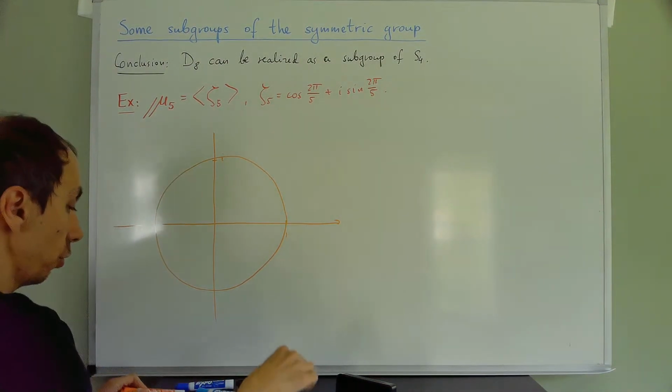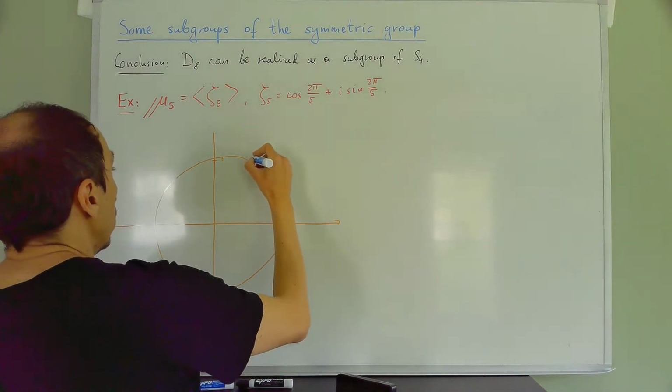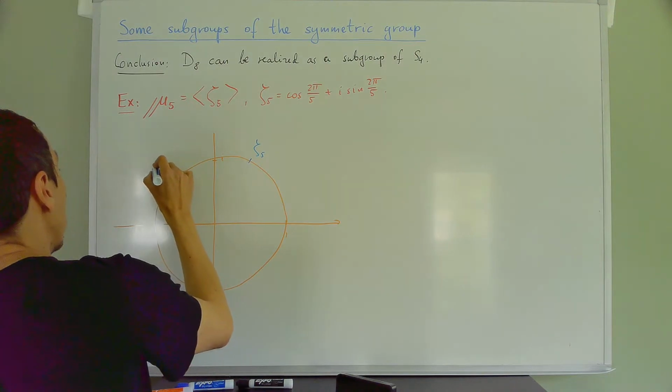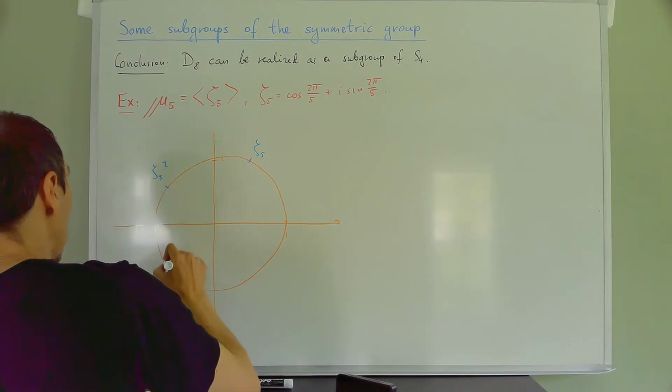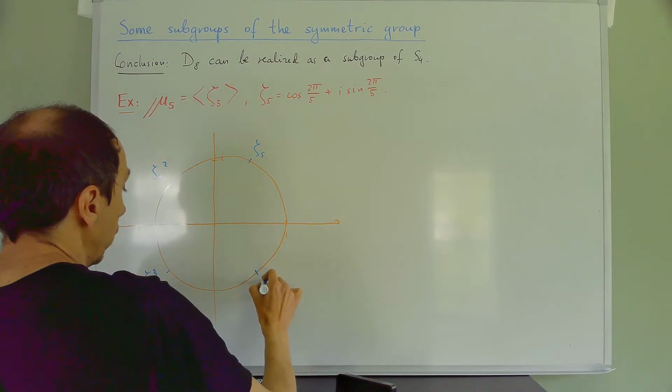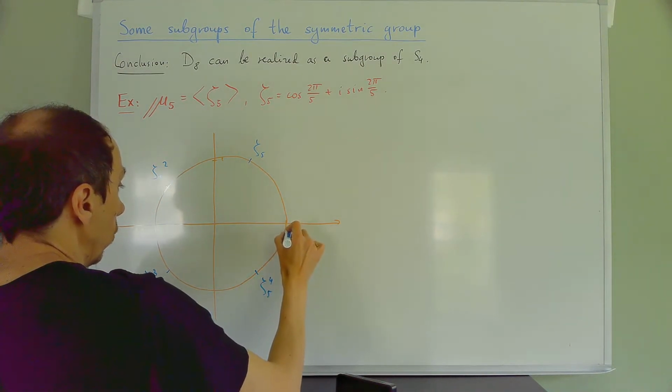And inside the unit circle, you have zeta 5, zeta 5 squared, zeta 5 cubed, zeta 5 to the 4th, and here's 1, of course.